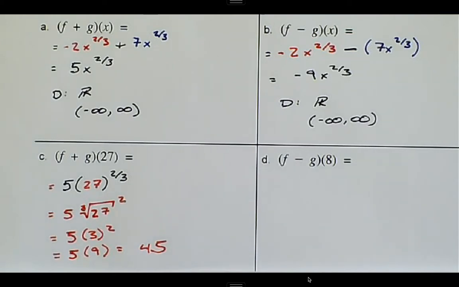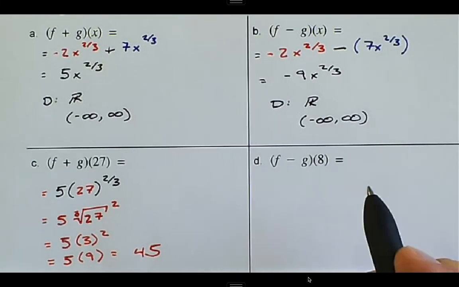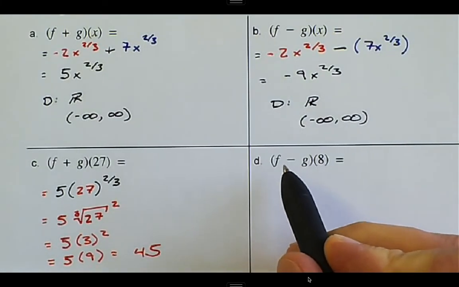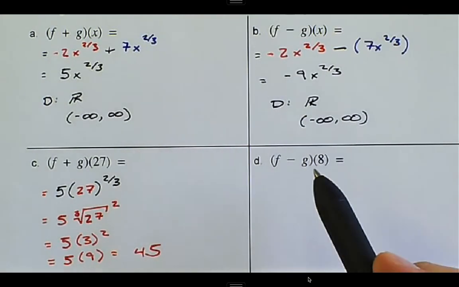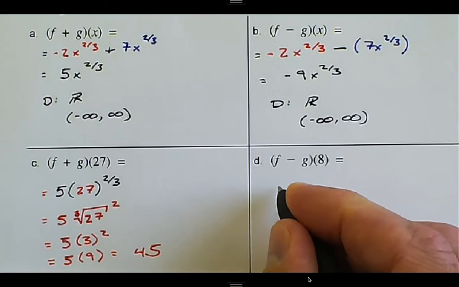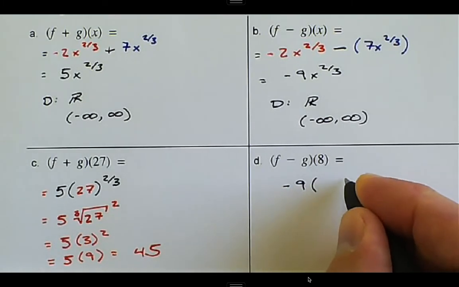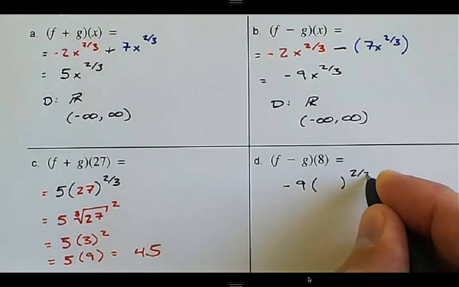And again, for the example D over here, we've already calculated f minus g, and we figured it out was negative 9x to the 2/3. So negative 9, and then we're going to substitute 8 in there to the 2/3.